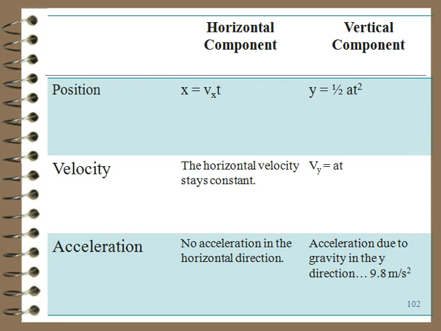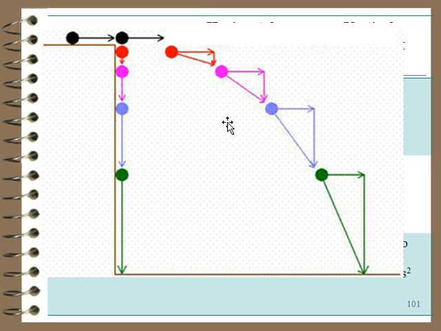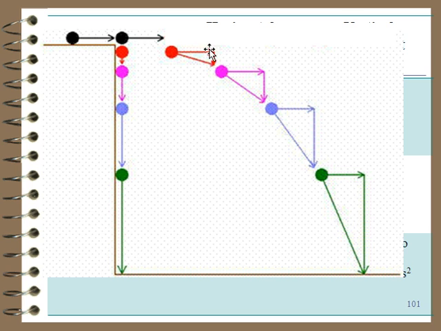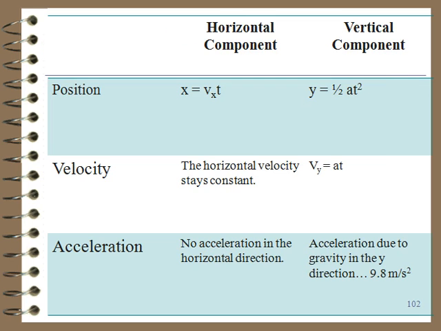Remember, when a projectile is projected out, it doesn't accelerate to the right, so its horizontal component shows that the velocity stays constant, and there is no acceleration in the horizontal direction. We know, though, that projectiles fall at a faster rate as they fall, so we know that they accelerate. In fact, they accelerate at 9.8 meters per second squared.